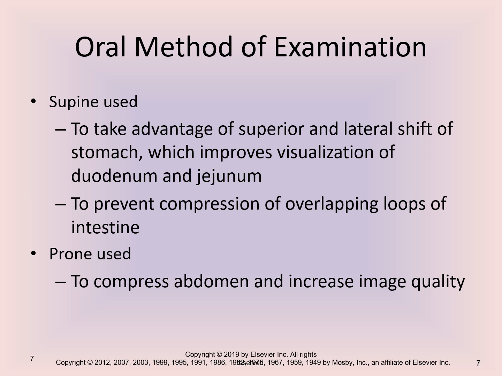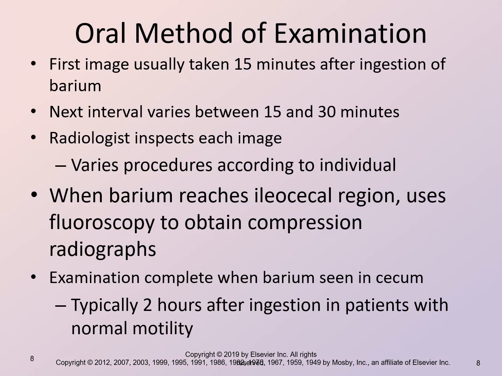Then the small bowel spreads out in the transverse plane, or laterally, so theoretically there is less superimposition of loops on loops of small bowel, if that makes sense. So those are 2 methods commonly used for the small bowel follow through.